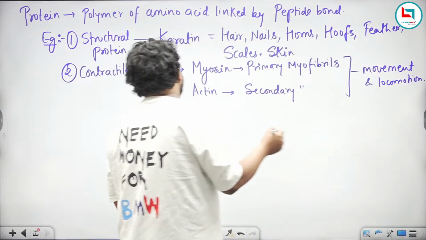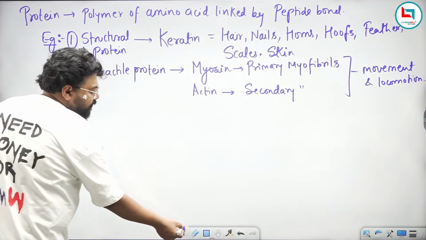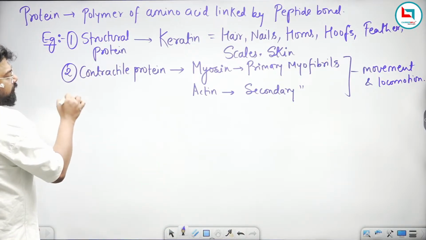Next thing is pigmented protein. Pigmented proteins are the proteins which usually give color to something.